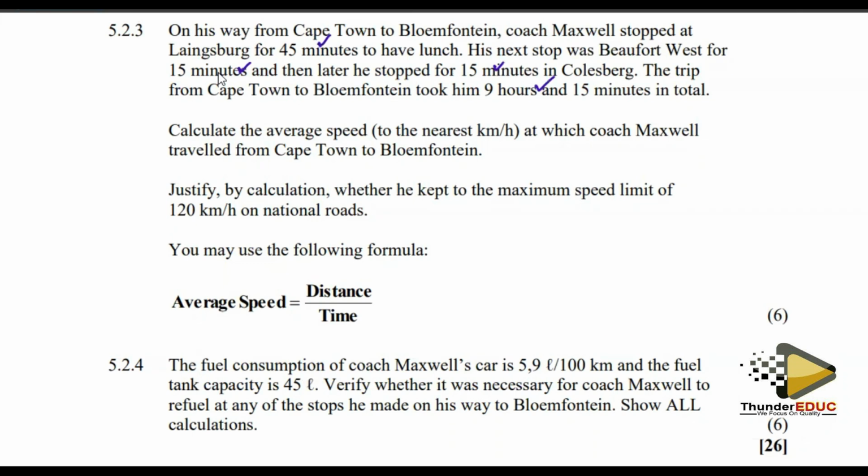So number 1, what are you going to look for? What is the distance? The distance we've already seen as 999 kilometers. What I want us to look at is the time. How much time did he spend?